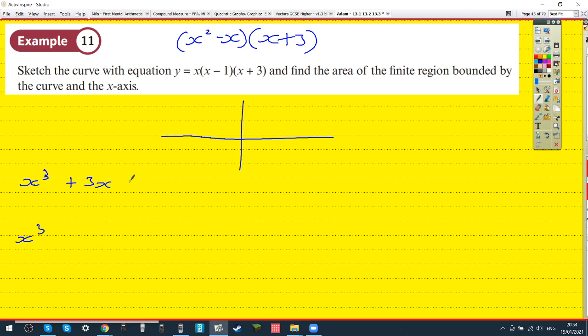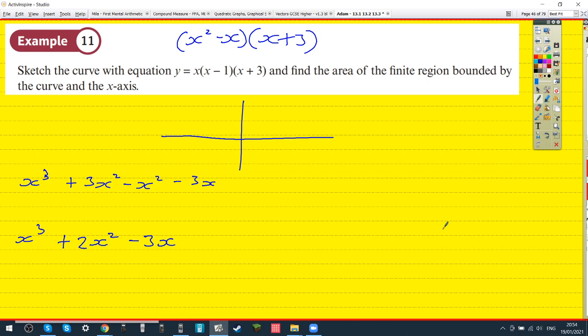So if it was 3x squared minus x squared, would that be 2x squared? Minus 3x. So x cubed minus x squared, is it? No, it was 3x squared minus x squared. Yeah, you're right. So it'll be 2x squared. Okay. So it'll be x cubed plus 2x squared minus 3x. Yeah. And then we can integrate.